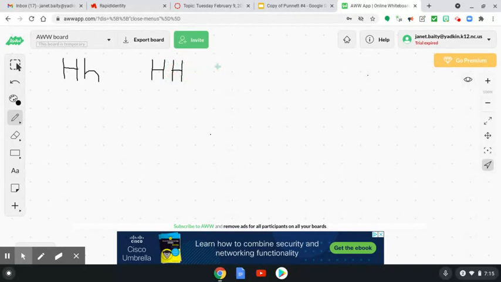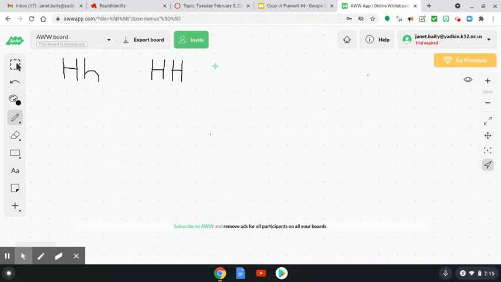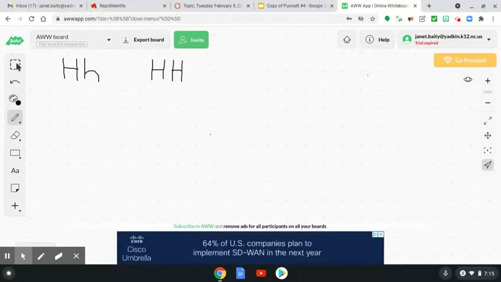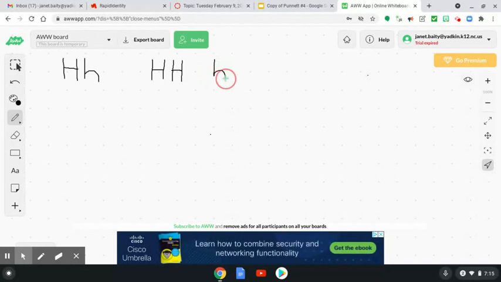If it is homozygous recessive, the only way that something can be recessive is if it has two lowercase alleles.